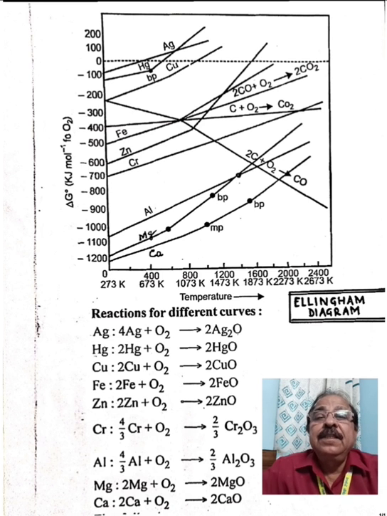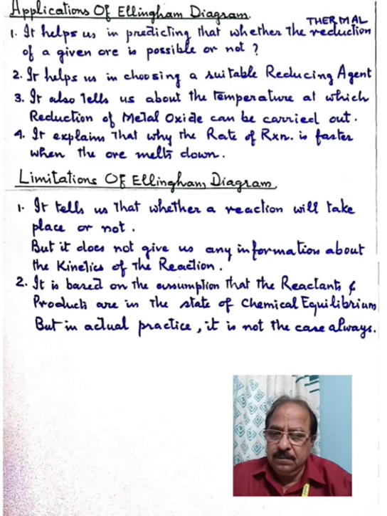So you will see that there are various plots for the oxidation of silver, mercury, copper, iron, zinc, chromium, aluminium, magnesium and calcium, etc., right? And also there are graphs for oxidation of carbon and carbon monoxide, which act as reducing agents.